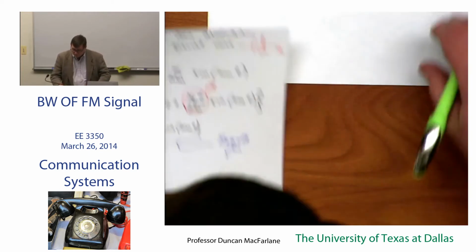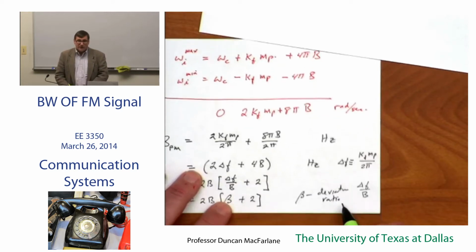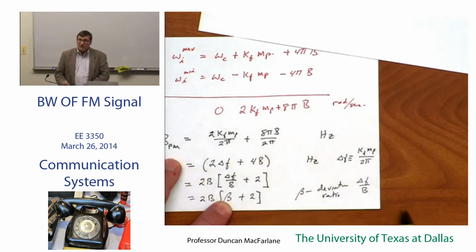But we had a better formula, I thought, which was this beta was the deviation ratio, which was the delta f, that was the spread of my instantaneous frequency, the peak of my sinc function, divided by the width of my sinc function, which is basically my baseband bandwidth of my message signal. So the swing of the peak of the instantaneous frequency divided by the message signal, that's my deviation ratio.